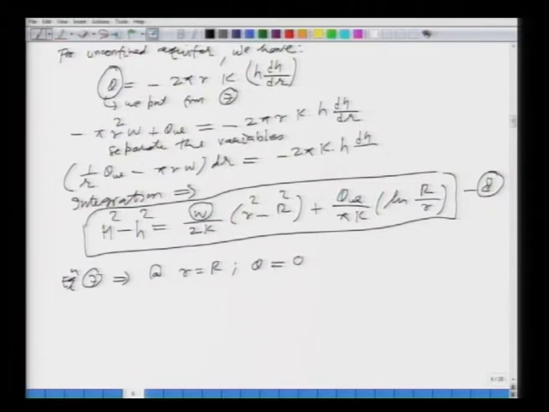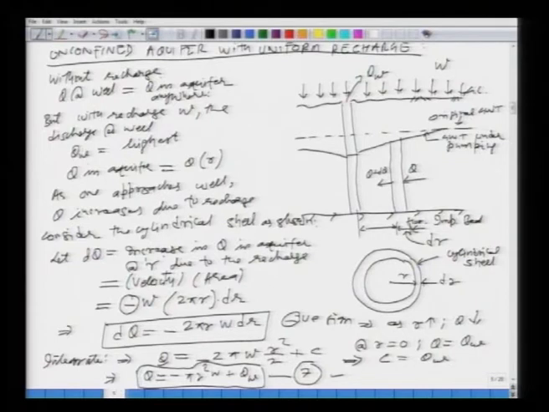Well, q is 0. At the radius of influence there is no flow taking place. So, if you use this in equation 7, this one, at small r equal to capital R, your q is 0, the left hand side is 0. That will give you the discharge at the well q w.